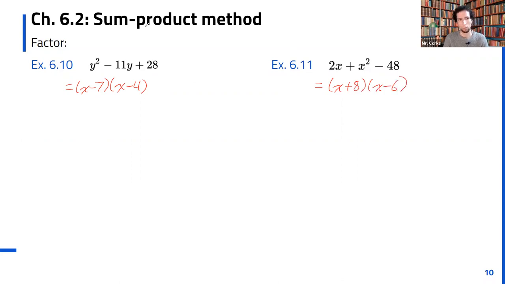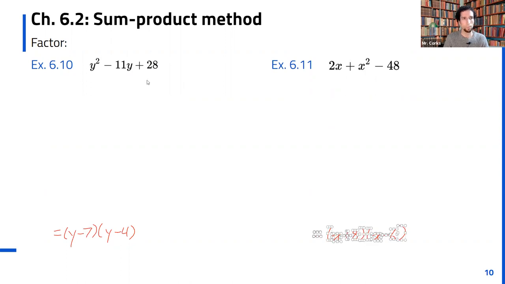Professor, the variable is y, not x. Yes, you're right. y minus 7, y minus 4. All right, so I'll move these down to the bottom and we'll talk a bit about how we got there.